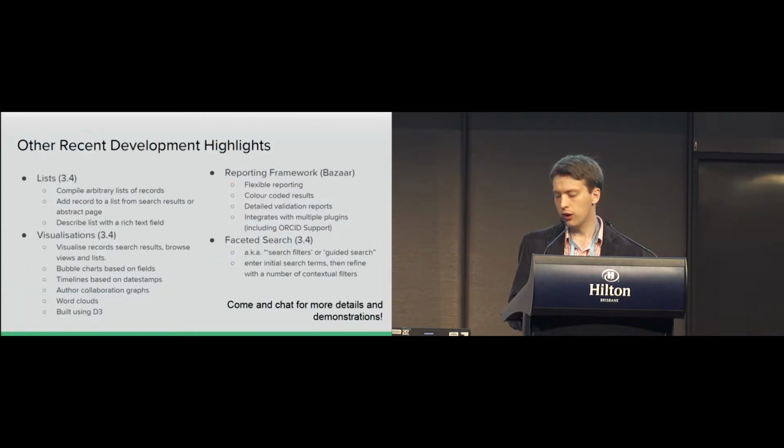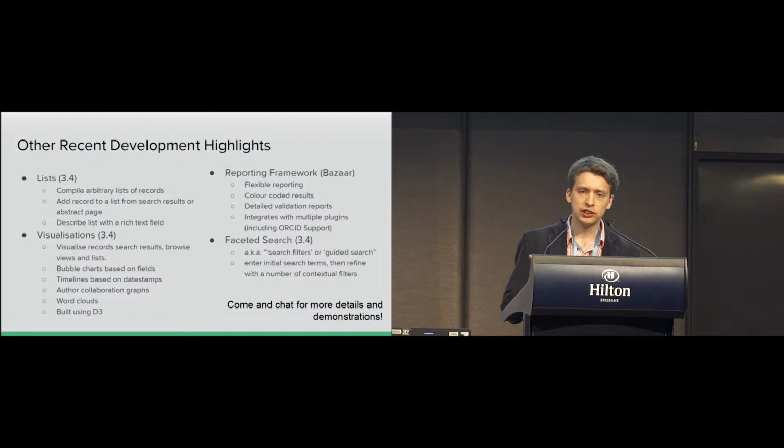A quick glance at a few other development highlights. We've been working on something just called lists. Sounds very boring and basic, and it is to a certain extent, but it allows you to collect arbitrary collections of records together. So if you have a particular collection you want to highlight on the front page of your repository, you could bring them all under that one group. It's also useful for things like lecture courses, as I mentioned earlier.